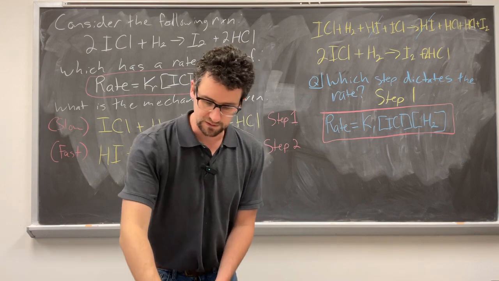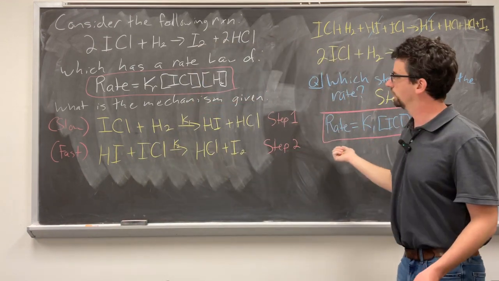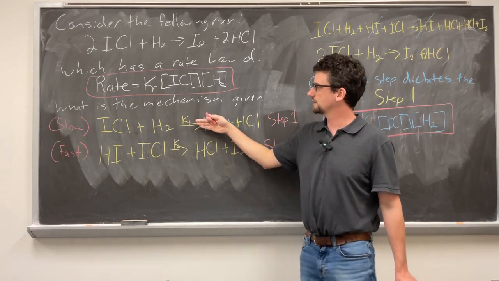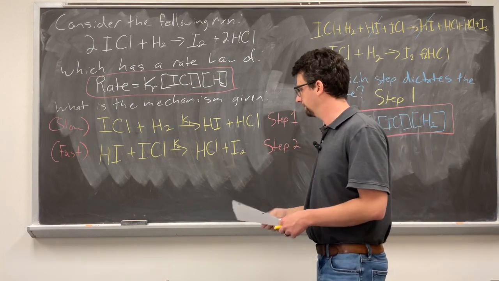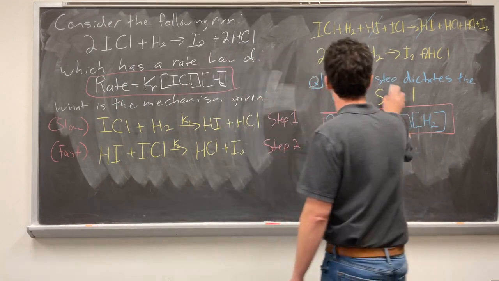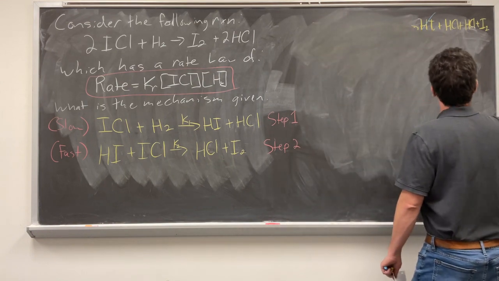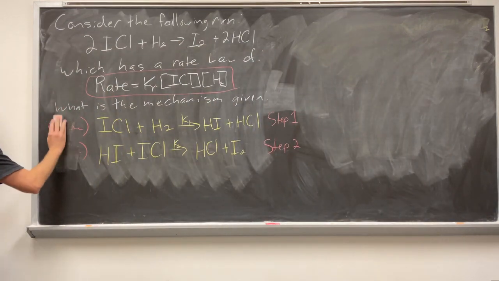Now, let's look at a different scenario. How would this change, or how would our rate law change? Let's say instead of this one being the slow step, step one, we switch step two to being the slow step. So let's try and answer that. So here, we're going to switch the speeds.